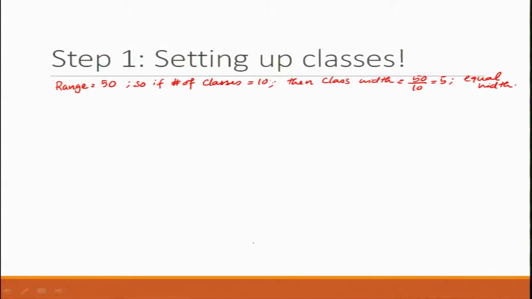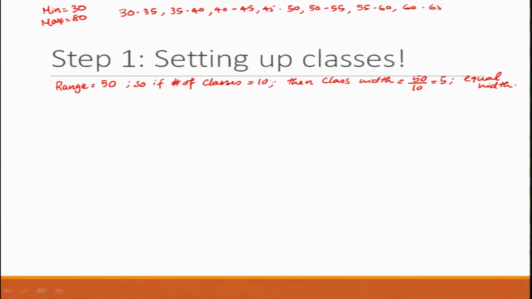If you think about it, the minimum value is 30 and the maximum is 80. So, your classes will be 30 to 35, 35 to 40, 40 to 45, 45 to 50, 50 to 55, 55 to 60, 60 to 65, 65 to 70, then 70 to 75, 75 to 80.